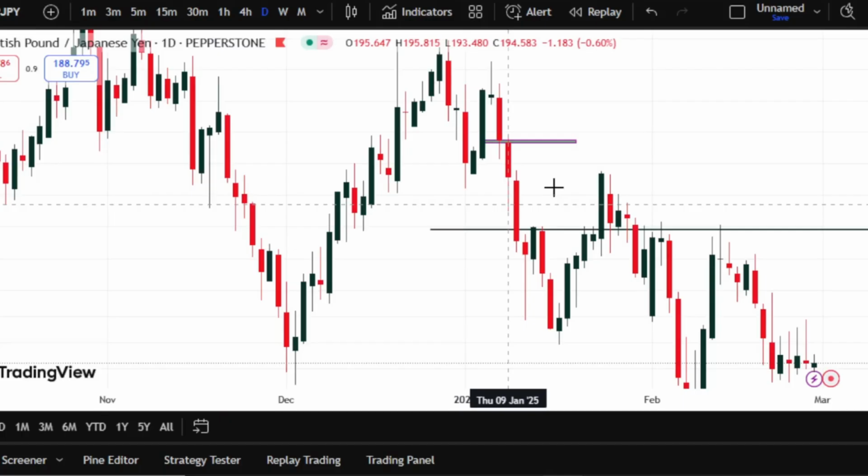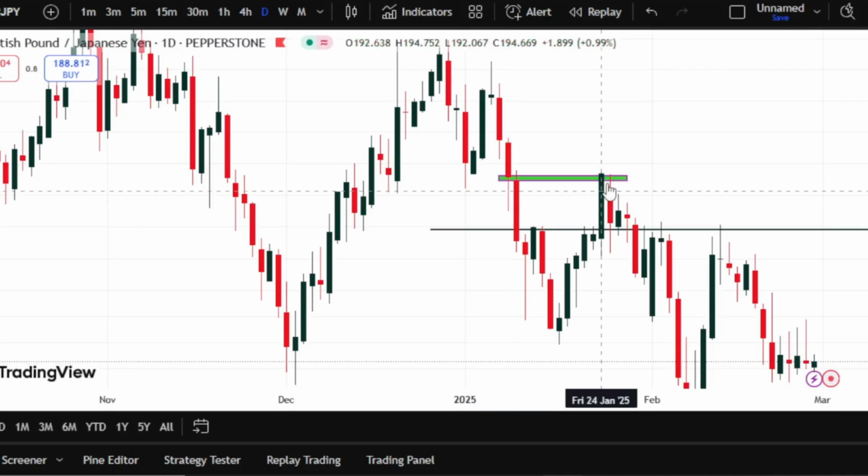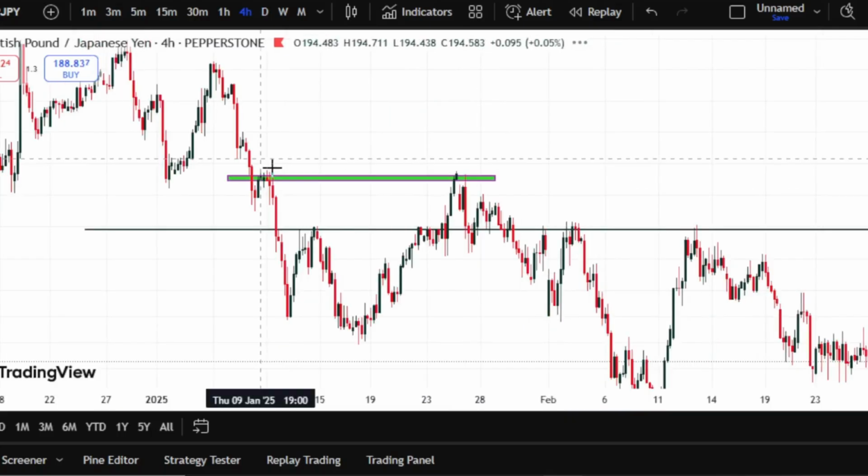So when price came down, then it was trying to move up. Then at this particular spot, what happened? Price started dropping. What exactly did price encounter here that made it drop? Now, let's go. You see it?